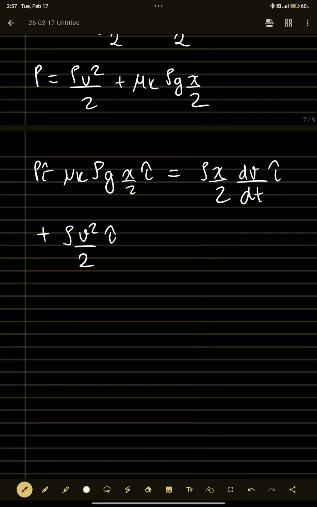Only this term is added. I removed the subscript k. You can understand that it is rho x by 2.